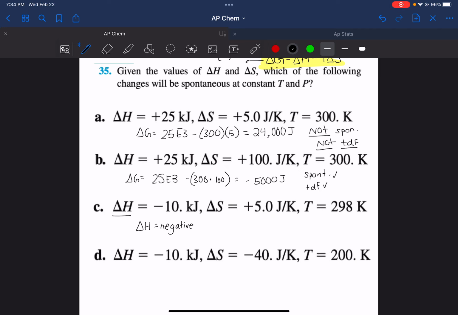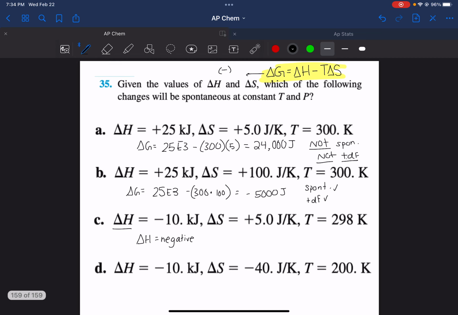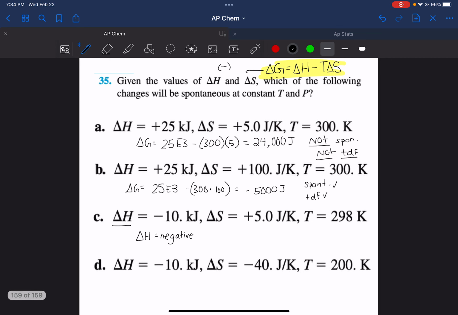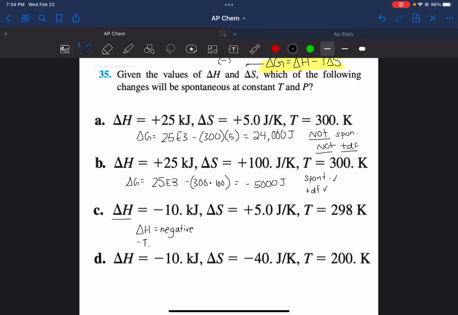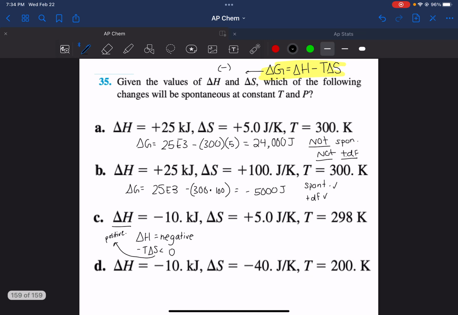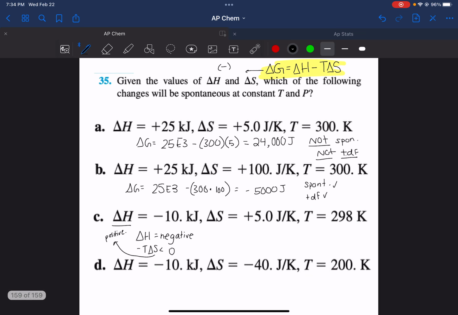And then delta S is positive. The reason that matters is because there's the negative T delta S term, which is less than 0, right? So although this term is less than 0, the delta H term is negative. Basically you have 298 times 5, which is 1490, but then you have that whole negative term, so negative 1490.